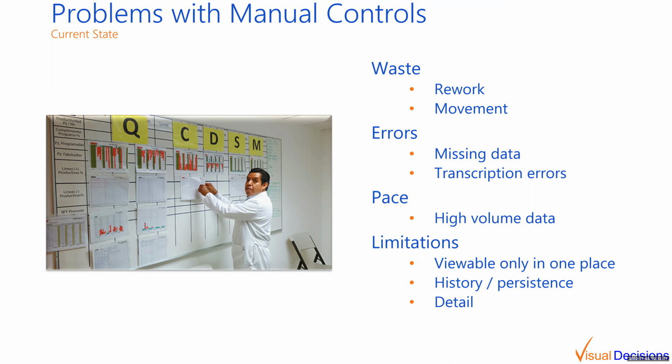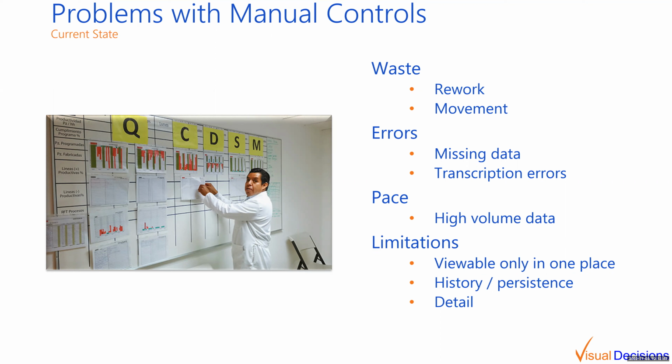And that highlights another problem: keeping up with a fast-paced environment. When it comes to capturing minor stops, high production counts, or any other rapidly changing information, manual methods just can't keep up. That's how you end up with less than 10% of events being captured. Then there are additional limitations. Information captured on a whiteboard is only viewable from right in front of that whiteboard.